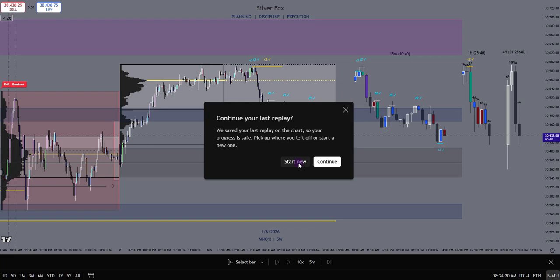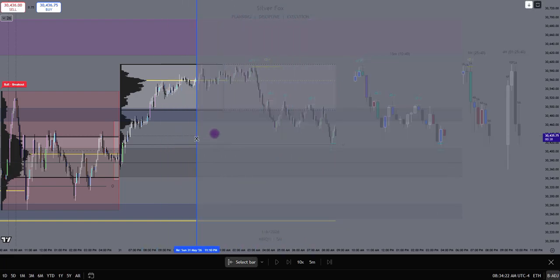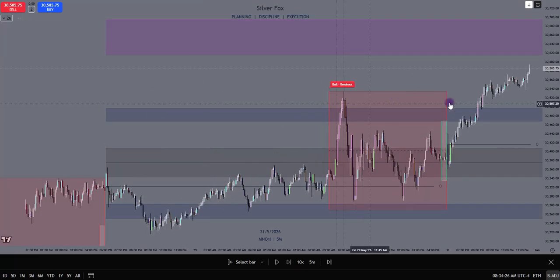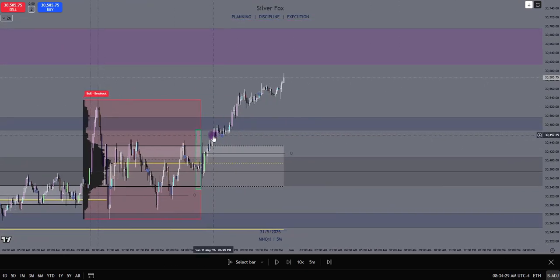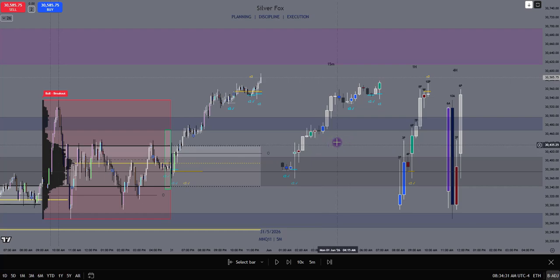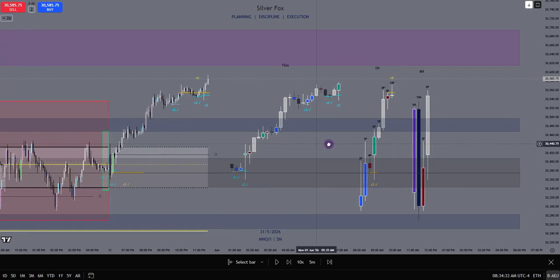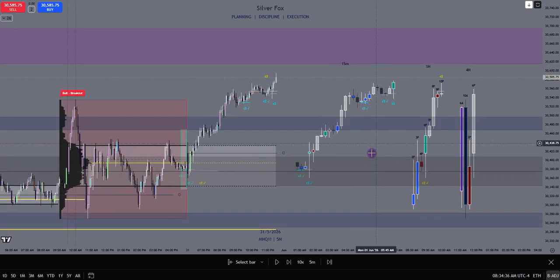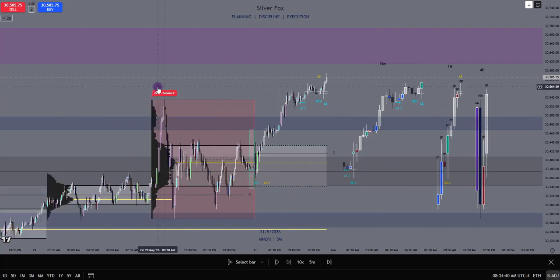So let's go ahead and go into bar replay to about here, and we can see that the Fox boxes indicator is letting us know that we're in bullish breakout, although it doesn't look evident because of this large absorption here and accumulation range.